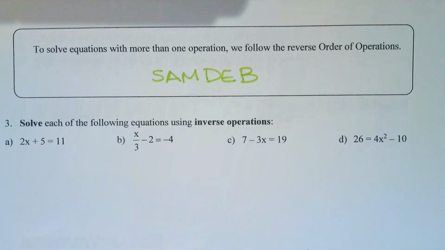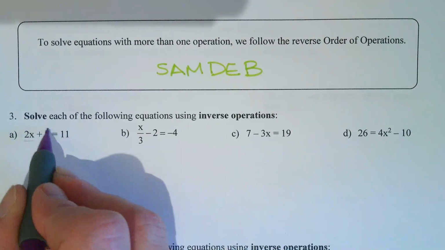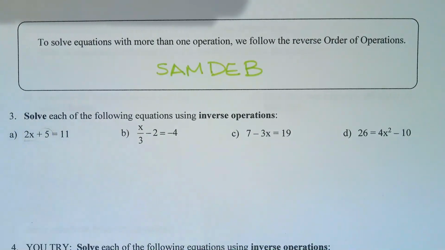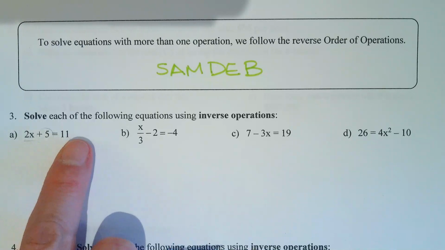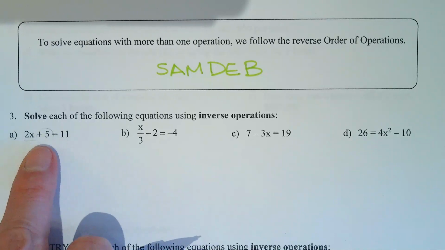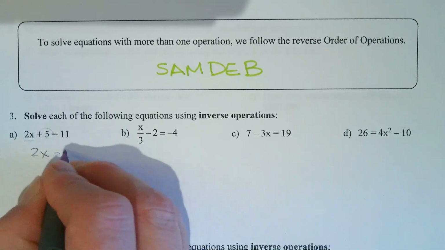So I have 2x, but I also have this plus 5. I want to get rid of the plus 5 first, so I'm going to do the opposite of adding 5. I'm going to subtract 5. If I subtract 5 from here, I'm also going to subtract it from here. When I subtract it from this side, it becomes 0.